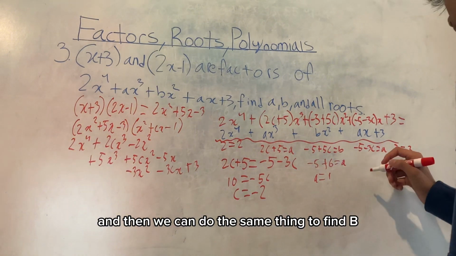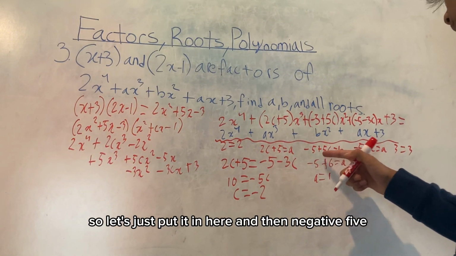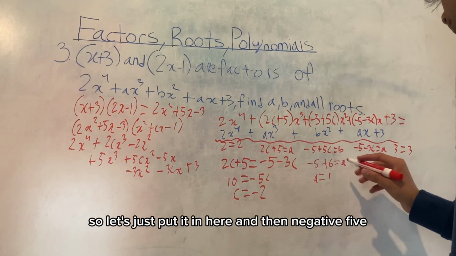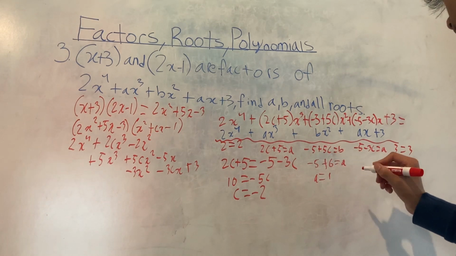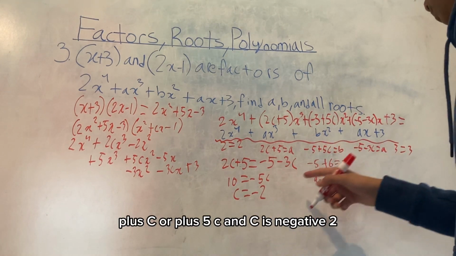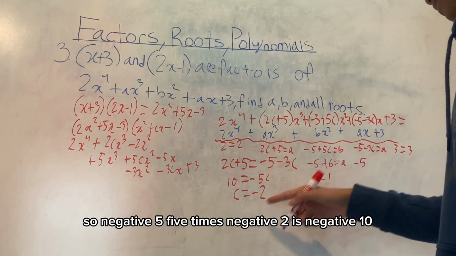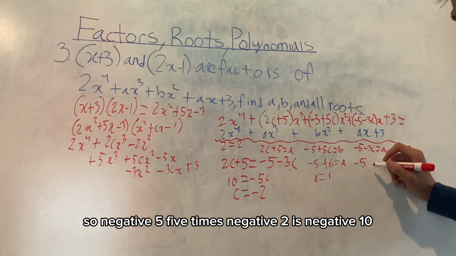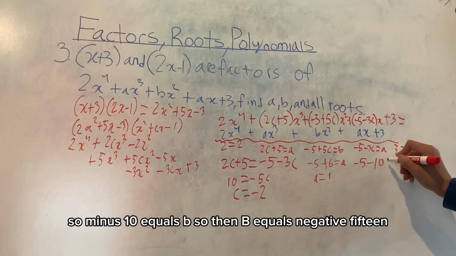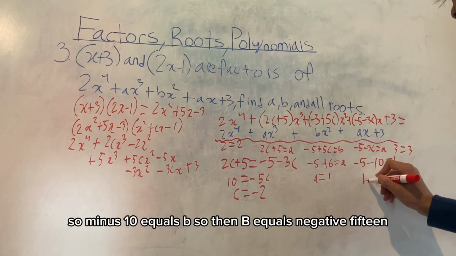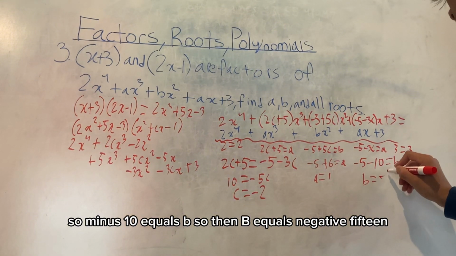And then we can do the same thing to find b, so let's put it in here. Negative 5 plus 5c, and c is negative 2, so 5 times negative 2 is negative 10, so minus 10 equals b, so then b equals negative 15.